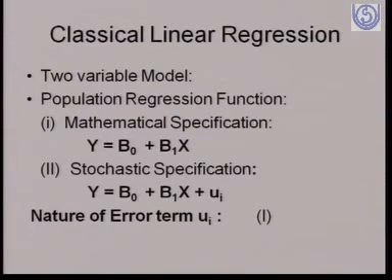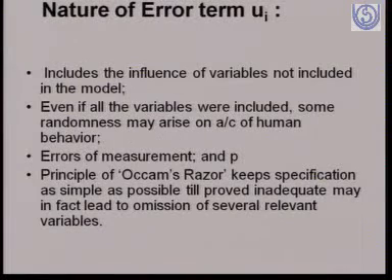This term ui needs some explanations, some elaborations. It includes the influence of all the variables which have not been included in the model. Even if all the variables are included, some randomness may arise on account of human behavior.